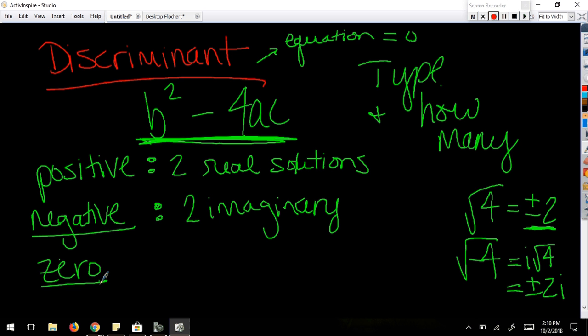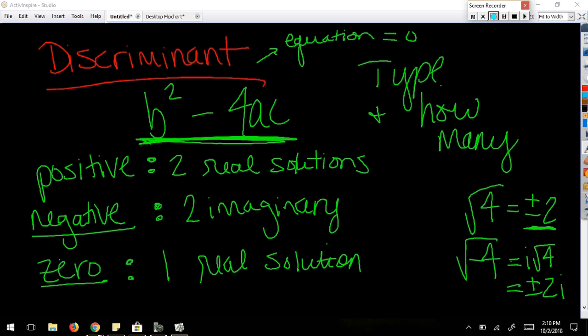Where it says positive 2 real solutions. What's the square root of 0? 0. That means if I get 0 under the radical, I get 1 real solution. And I'm going to do an example with you and show you what I mean here.